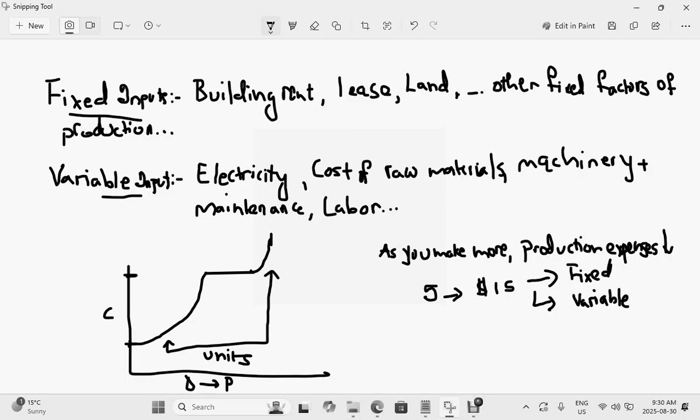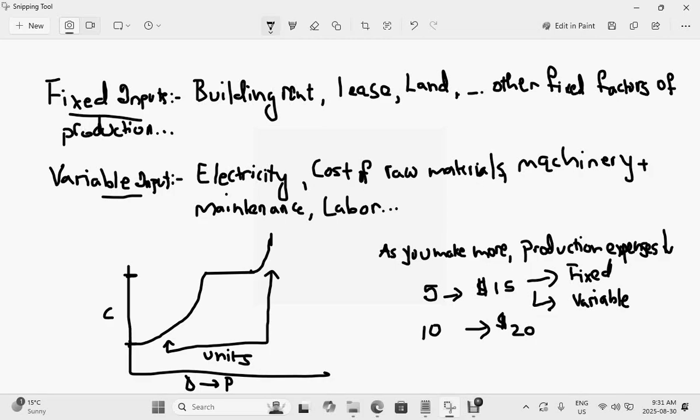As you make more, let's say you make 10 units, your fixed expenses will stay the same, which is $10, and your variable expenses may cost you another $5. So now we're talking about $20 for 10 units.